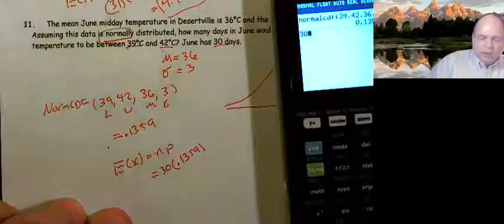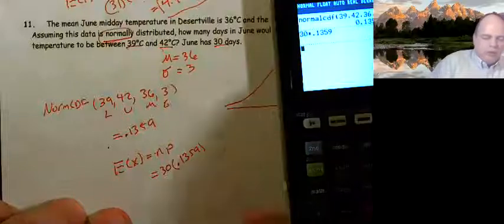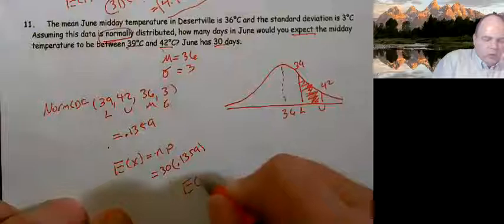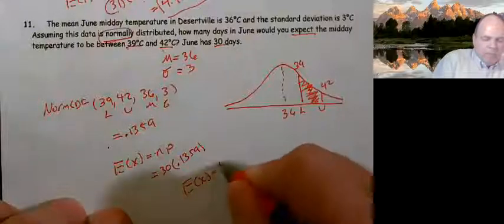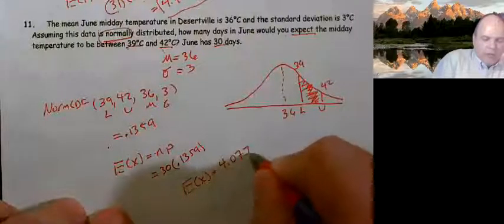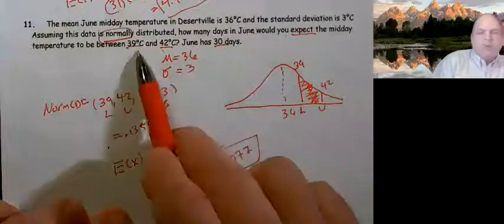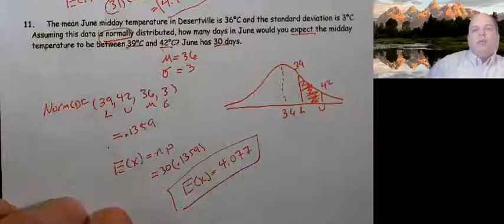So 30 times 0.1359 is 4.077. So in the month of June, we expect there to be about 4 days that are between 39 and 42 degrees centigrade. And that concludes the video. Thank you for watching.